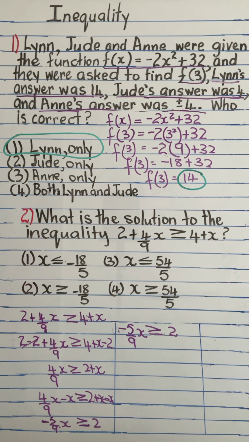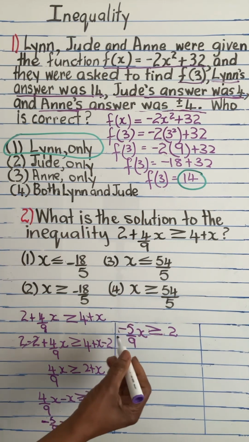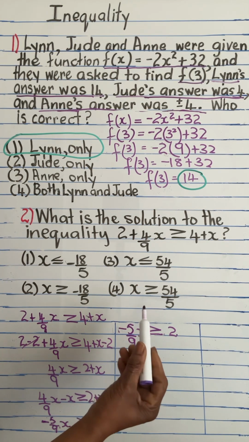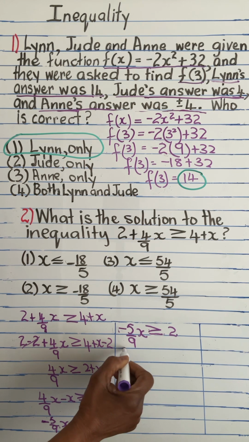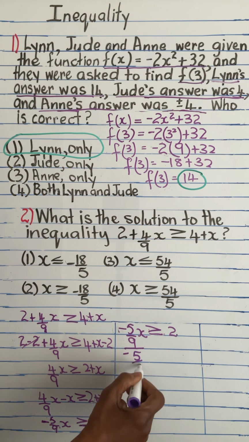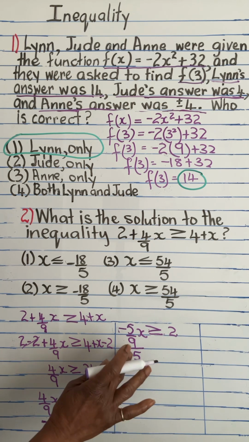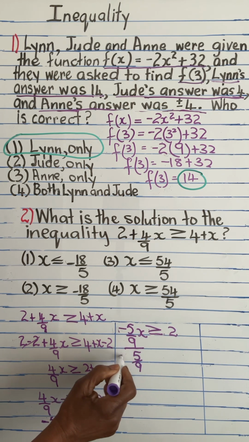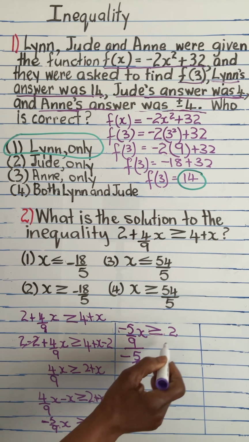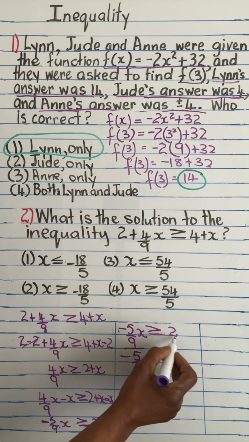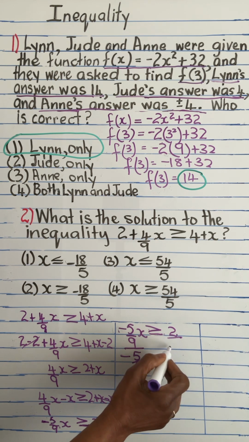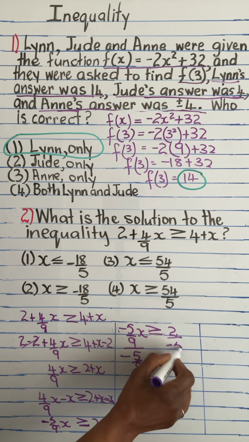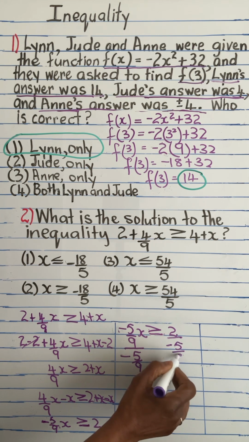So what we're going to do, we're going to divide both sides by negative 5/9.